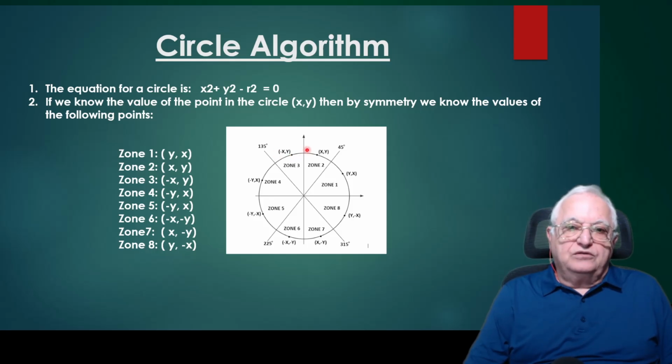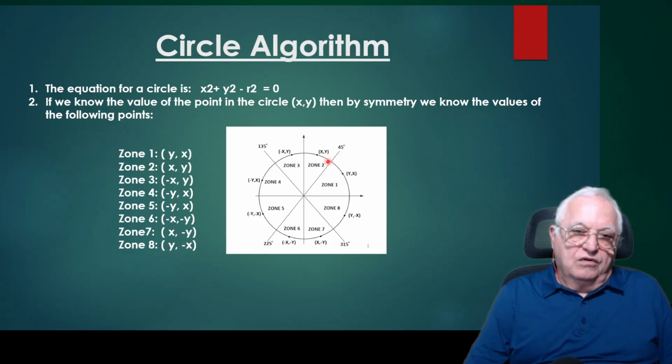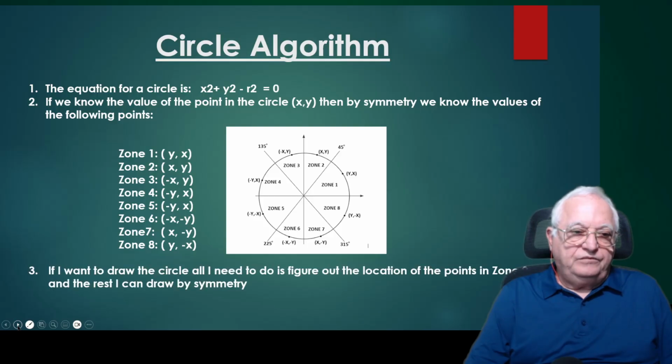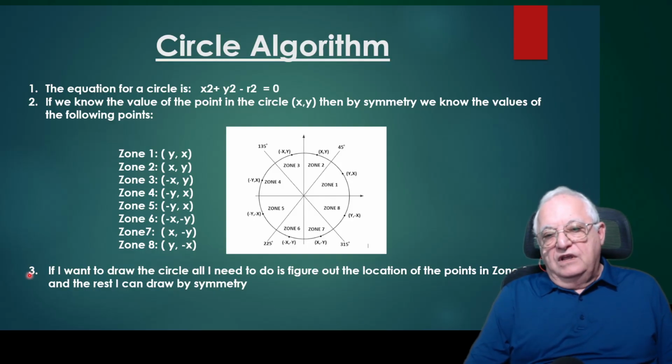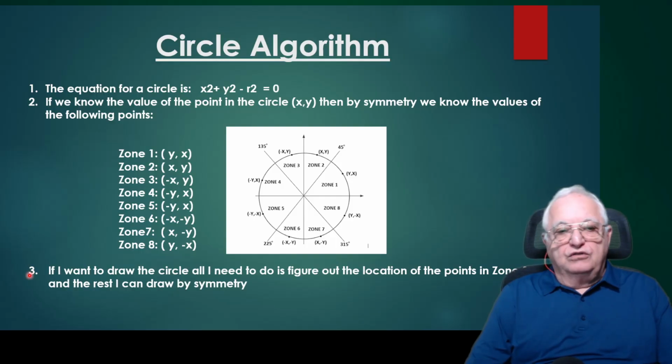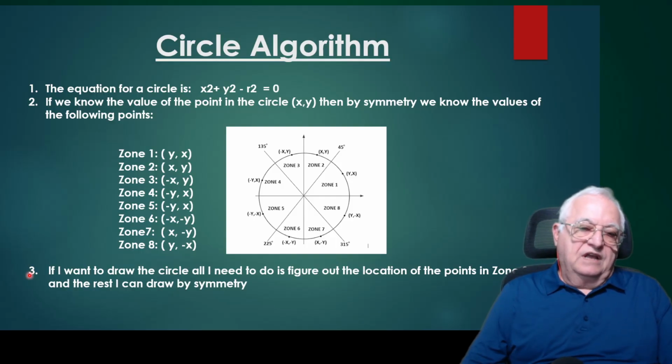So what it amounts to is we only have to figure out zone 2 of the circle, and by doing that, we can draw the whole circle. If I want to draw the circle, all I need to do is figure out the location of the points on zone 2, and the rest can be drawn by symmetry.